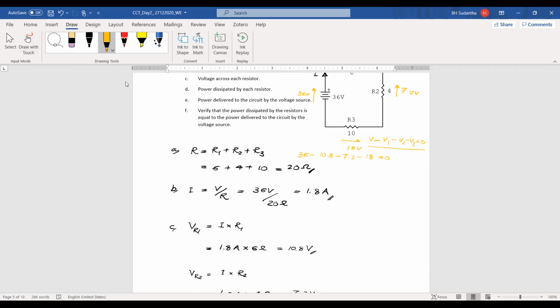Then simply, what we do is take V equals V1 plus V2 plus V3. From this side we know that this is 36 volts, and when you add all these three together, that is also 36 volts. Then that is okay.